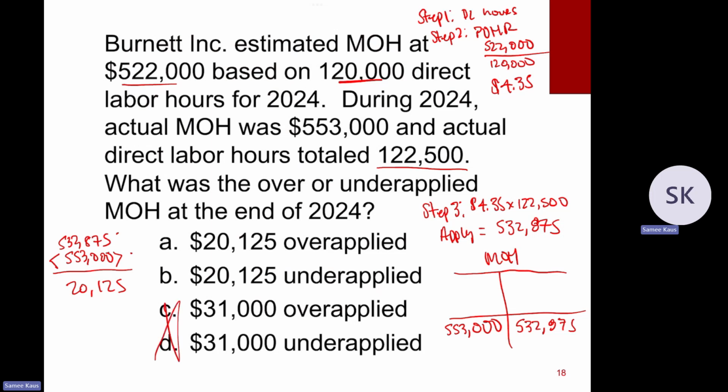So I can get rid of those ones. And now again, I just have to ask myself, where am I over or under applied? Well, I under budgeted. I'm under applied here because I estimated less than what I actually incurred. Okay. So we definitely got to know how to do this process.